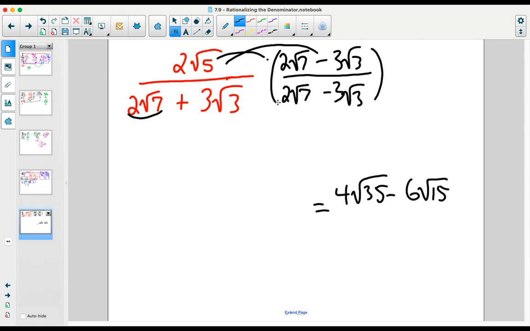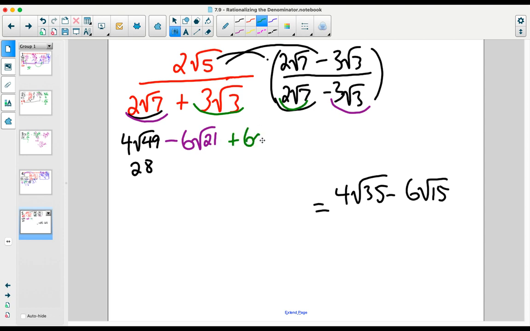So 2 root 7 times 2 root 7. 4 root 49, which is just 28. 2 root 7 times 3 root 3, minus 6 root 21. 3 root 3 times 2 root 7, plus 6 root 21.